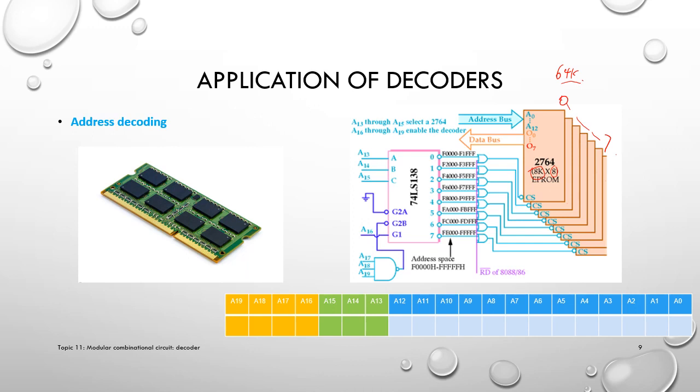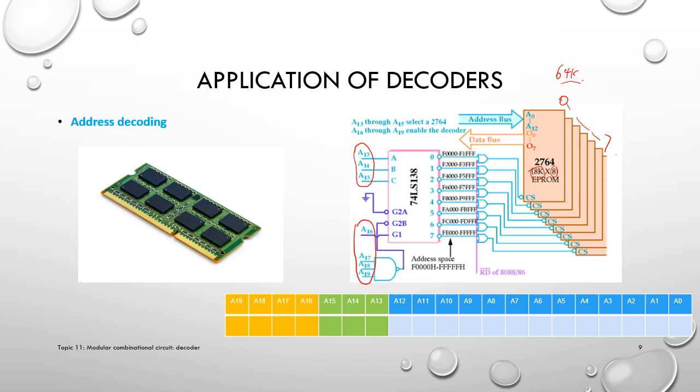Specifically, bits A19 through 16 are used to drive this 3 to 8 decoder, and bits A15 to 13 are used to select the right chip.